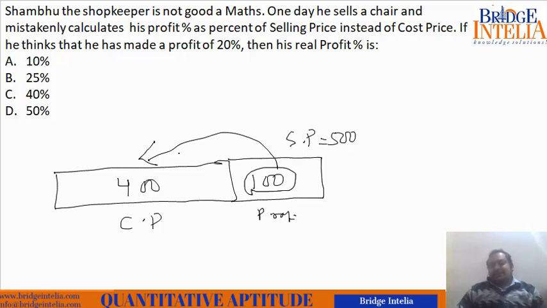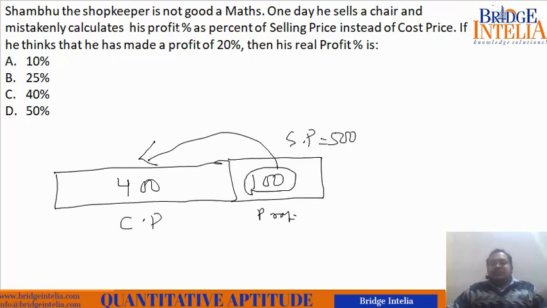But this guy is not good at mathematics. He understands that he is making profit. He is doing good in business, buying for 400, selling for 500. But he does not know the technicality of calculation. Because it is easy to understand whether you are making profit or loss, but it is difficult to understand the original formula, the actual formula.